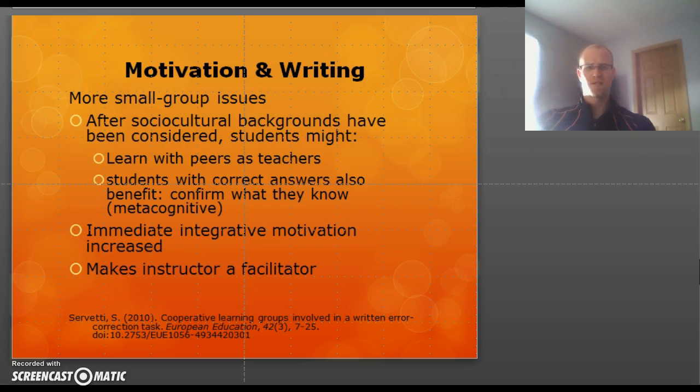And when a student can help another student work on an essay that is not his, it actually helps to increase the integrative motivation that both partners have in the endeavor. And finally, when you do peer work, you can also make more time for yourself as an instructor to go around and facilitate and work with students who may not be comprehending certain issues as quickly as others.